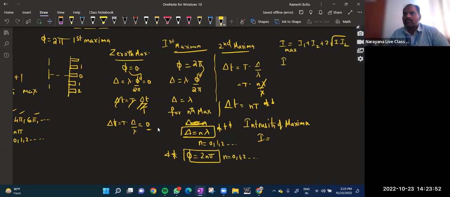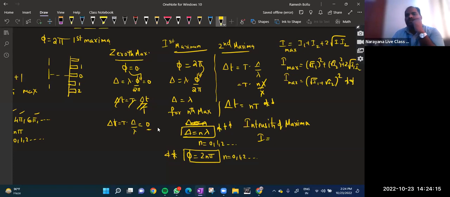So what is the maximum intensity? Root I1 whole square plus root I2 whole square plus 2 under root of I1 I2. So the maximum intensity equals root I1 plus root I2 whole square.